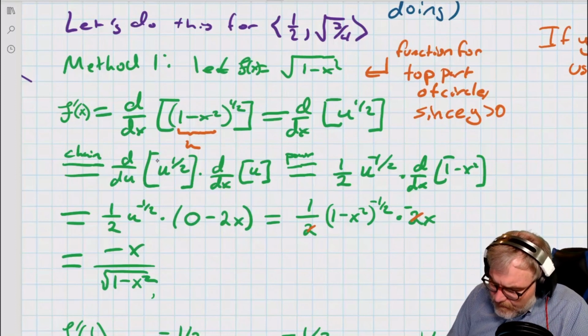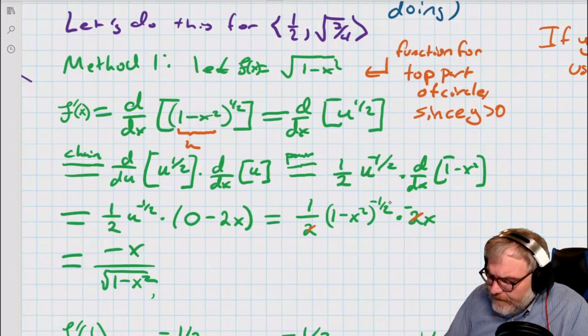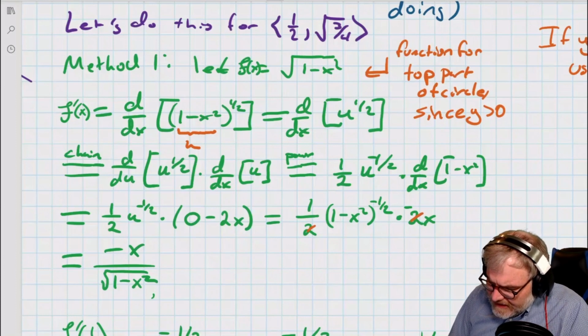So this piece right here, I evaluate using the power rule. I get 1/2 u to the -1/2 times the derivative with respect to x of 1 minus x squared. When I take that derivative, I'm going to get 0 minus 2x.